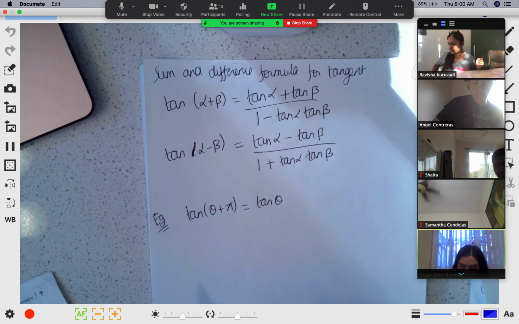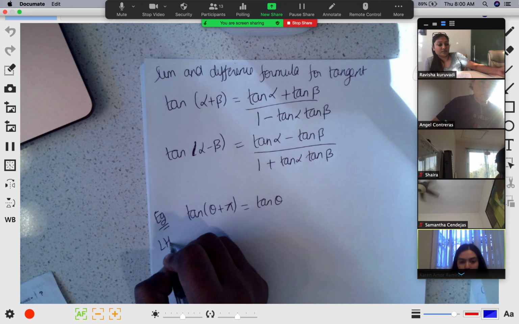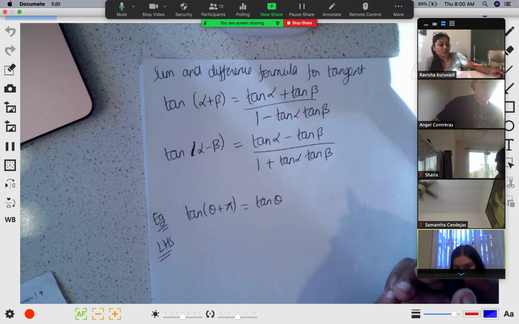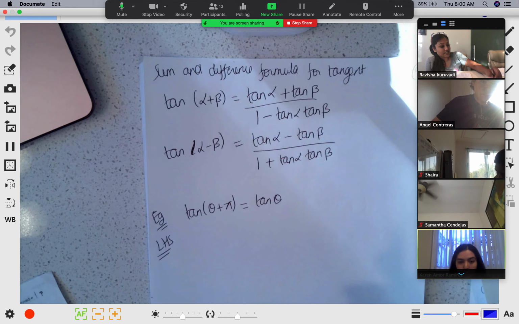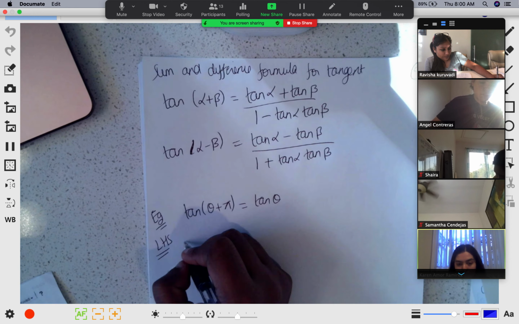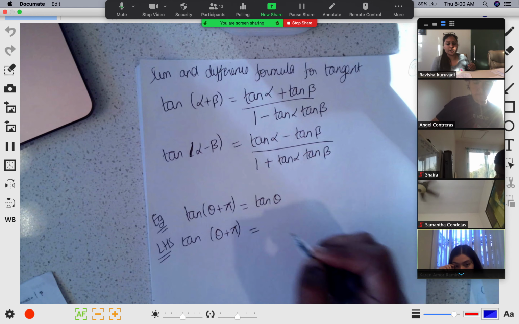How do you prove it? Start with the left hand side, because the right hand side is easy, tangent theta, we don't have to do anything. Okay, let's start with the left hand side. Put in the formula and tell me what you get.